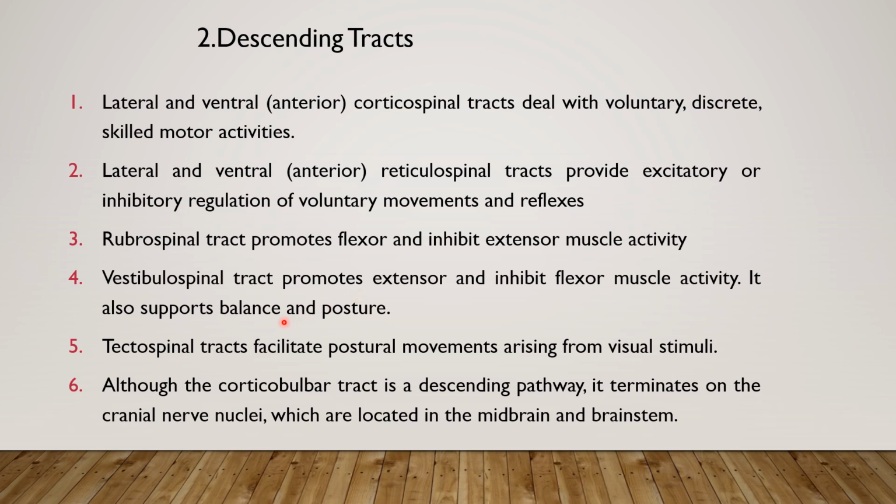It also supports balance and posture. Tectospinal tract facilitates postural movement arising from visual stimuli. The corticobulbar tract is a descending pathway, but it terminates in the cranial nuclei within the midbrain and the brainstem. About the detailed functions of ascending and descending tracts, you will study in the physiology of the central nervous system.